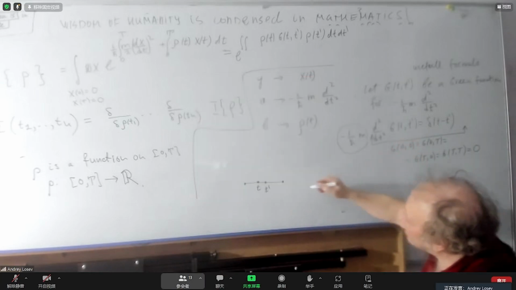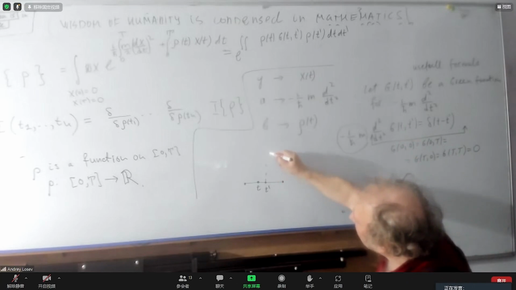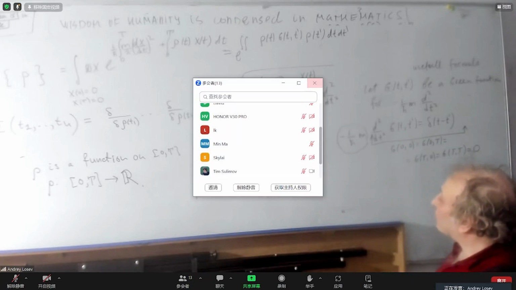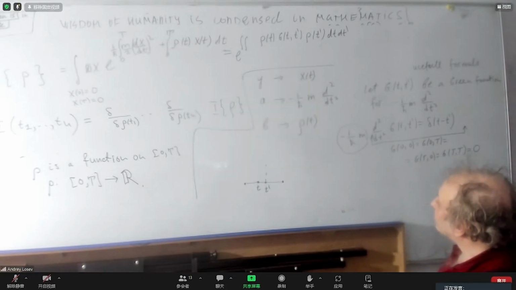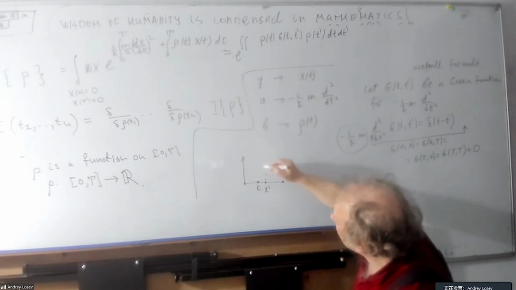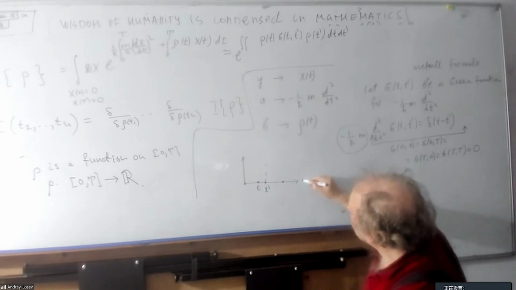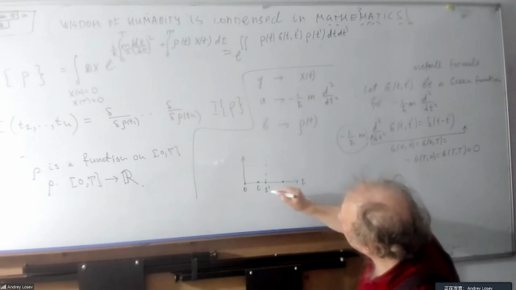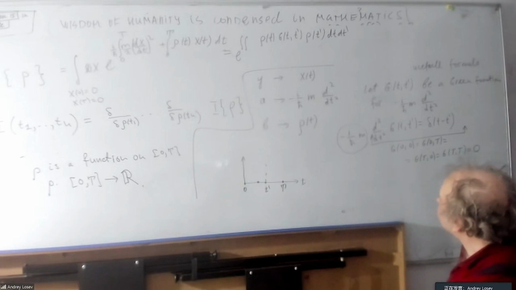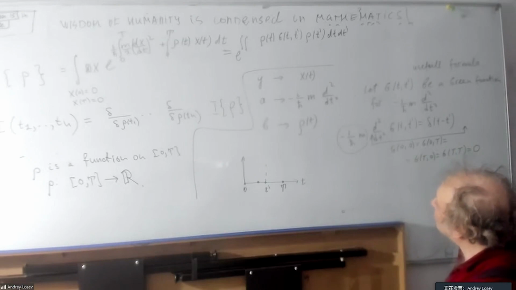This equation means that on the left of t prime, on the interval from 0 to capital T, where here I have t prime, I should have a motion like this.